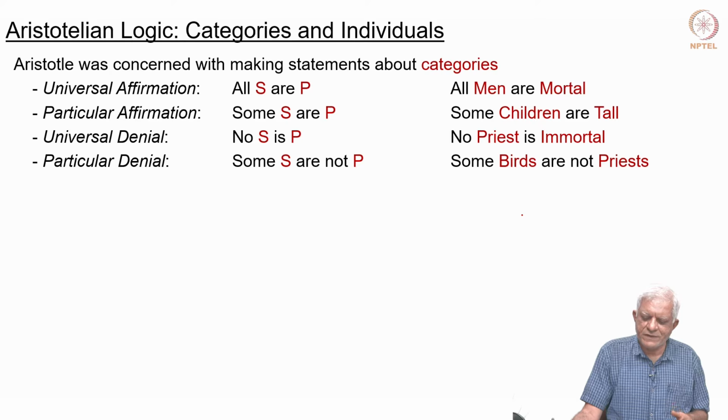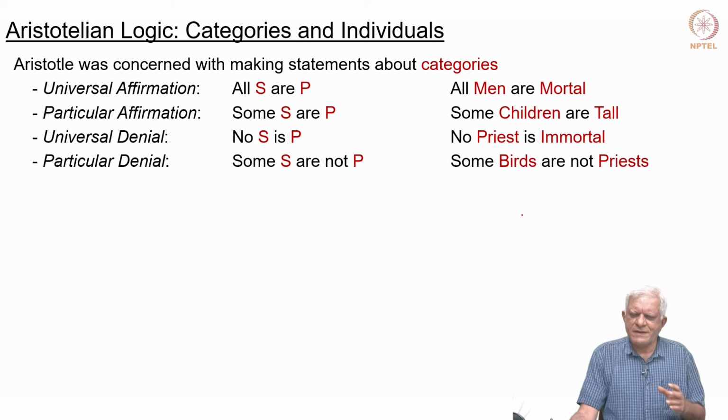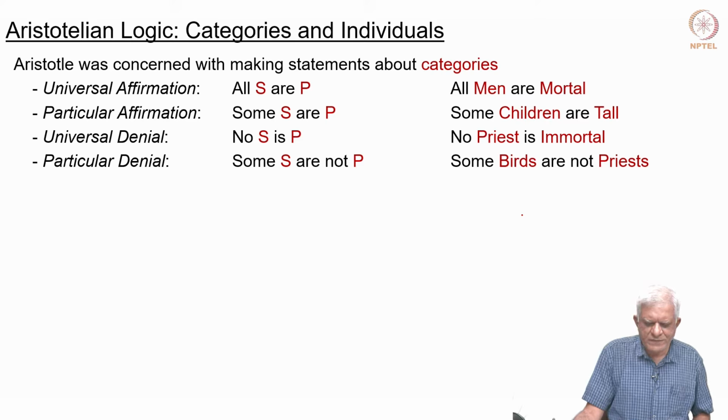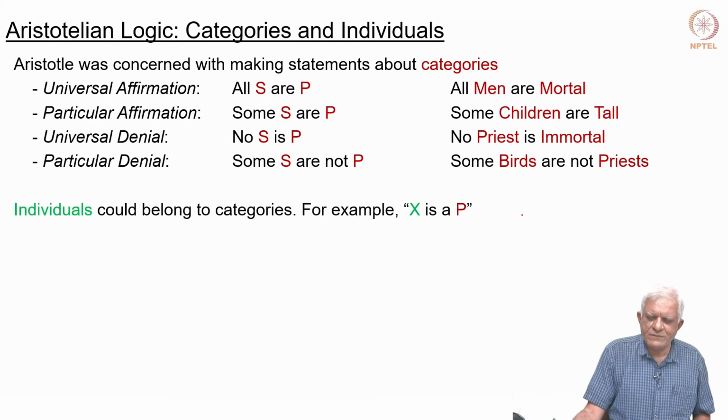If we wanted to say that, we would have said no man is mortal or something like that, or all men are not mortal or something like that. When we say some men are mortal, we are just making a statement. There is at least one man who is mortal essentially. So, these are the 4 kinds of connections that Aristotle recognized, and of course, we have to talk of individuals.